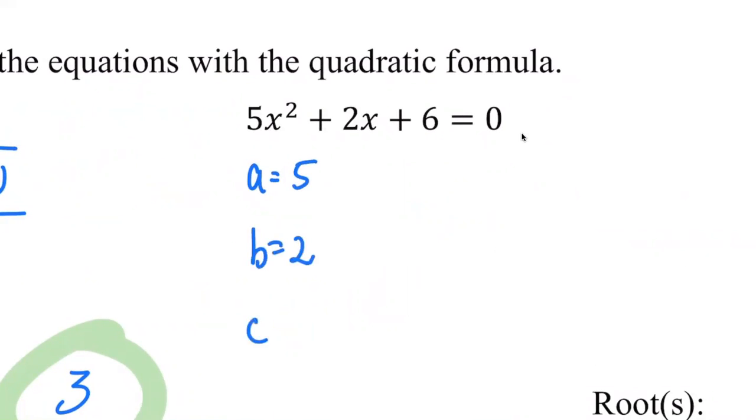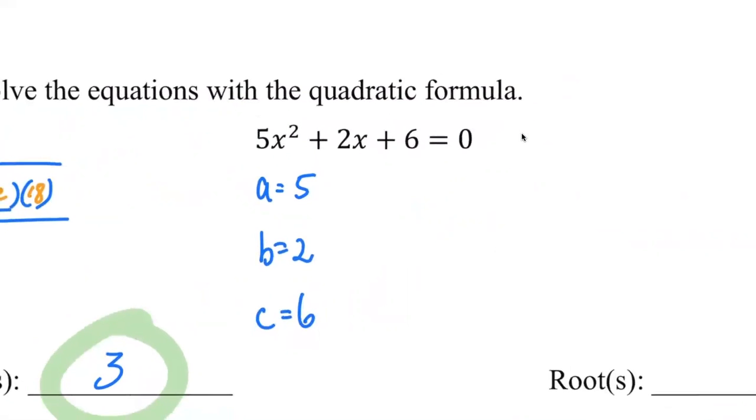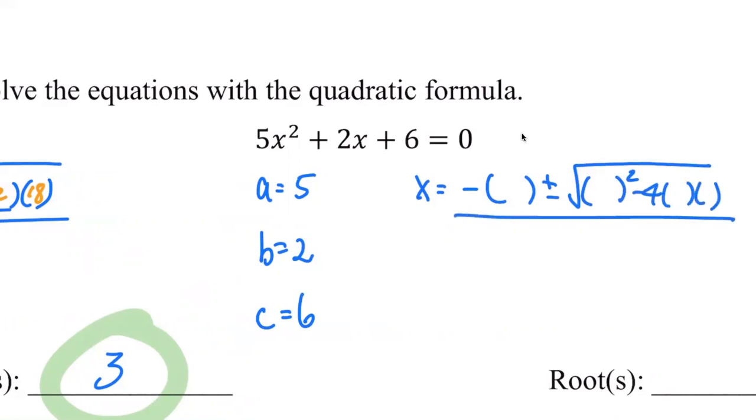A is equal to 5, B is equal to 2, and C is equal to 6. Okay, so x is equal to negative b plus or minus the square root of b squared minus 4ac over 2a. All right, sorry, my bad. I should substitute earlier. Negative b plus or minus the square root of b squared minus 4ac over 2a.